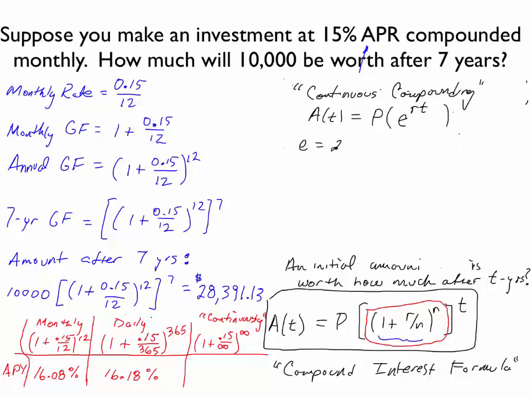So it's 2.718281828459, and then that keeps going on. The numbers go on and on and on for infinity.